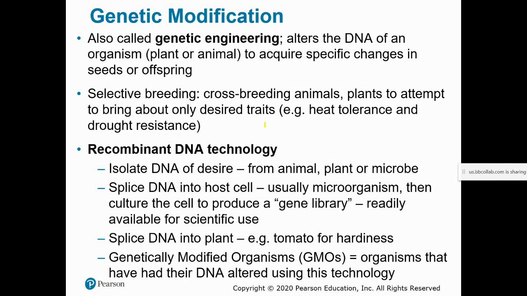This whole conversation is about food science and food technologies, the different technologies that are being applied to how we grow plants and even how we grow animals for human consumption, for our food supply.